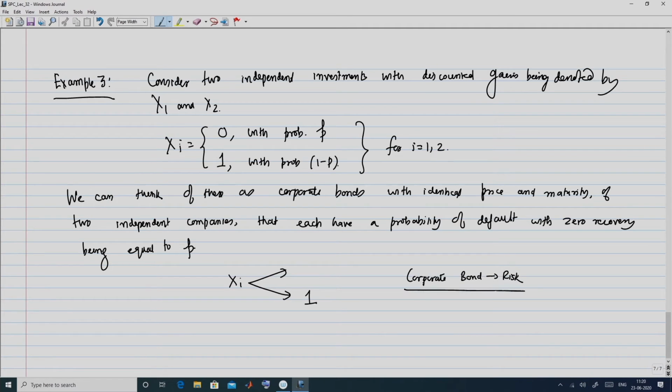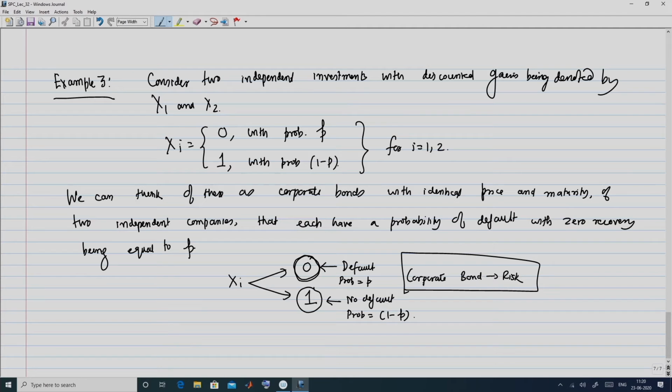So, only one of the two things can happen: either the company is able to pay back its promised amount of 1, or it defaults and there is no chance of recovery, in which case you receive an amount of 0. When you receive an amount of 0, that is the state of default, and when you receive an amount of 1, that is the discounted gain 1, this is a case of no default. And since the probability of default is p, that is why xi takes the value of 0 with probability p, and likewise for no default the probability is going to be 1 minus p.